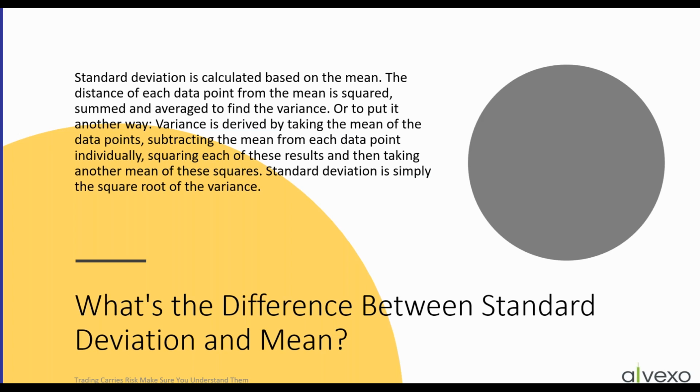Standard deviation is simply the square root of the variance. So standard deviation is the variance of each close in relationship to that moving average. Okay, and then it's squared and summed and averaged out again. It's a very complex mathematical formula.